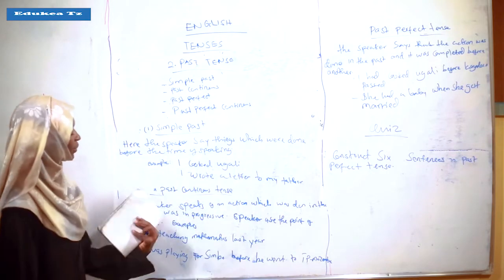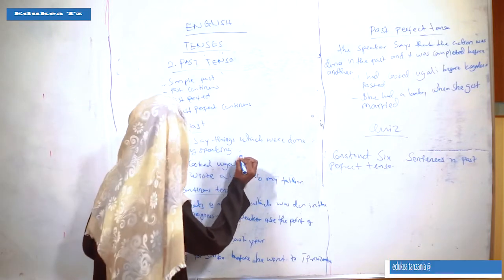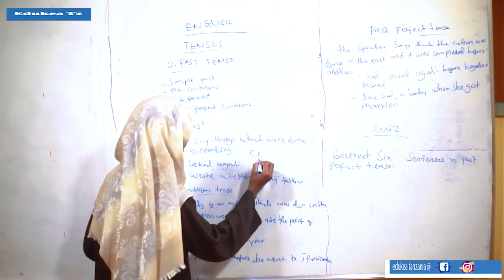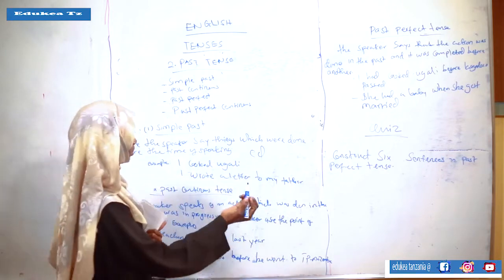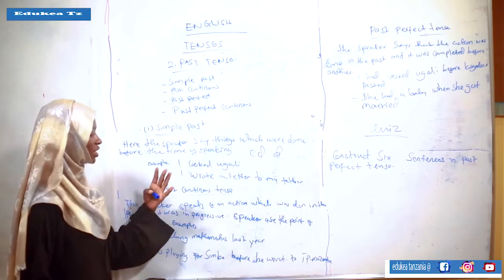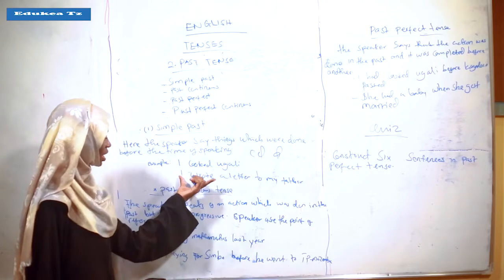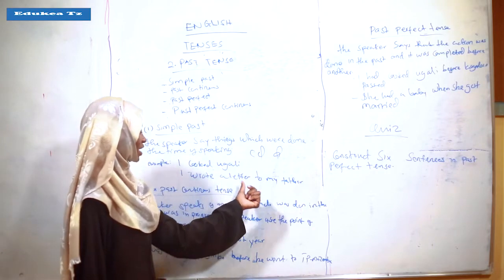For the regular verb, the verb receives ed, be it ed or t, as in I cooked ugali. But for the irregular verb, we change it into its past form, as in I wrote a letter.